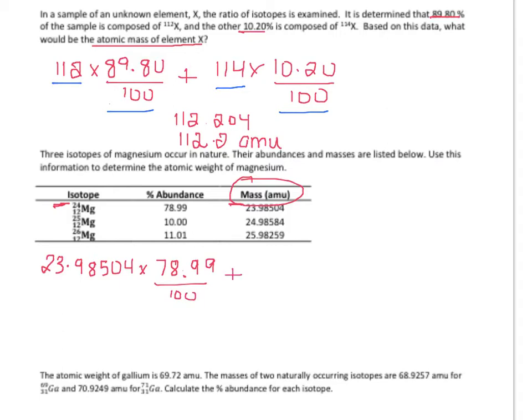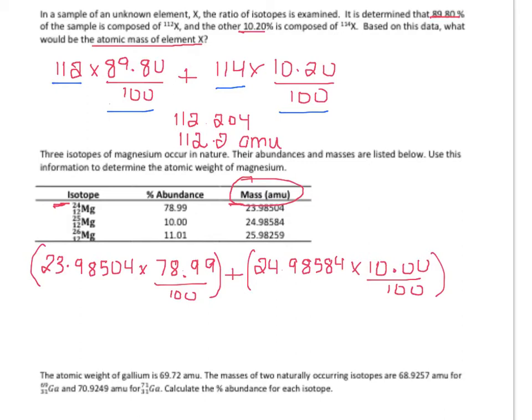Our second isotope, magnesium 25, 24.98584 multiplied by 10.00 over 100. Now I'm going to put these in parentheses, so that's going to make it a bit easier for me because I have to go on to the second line.